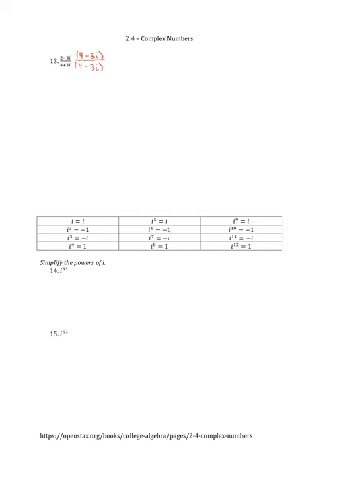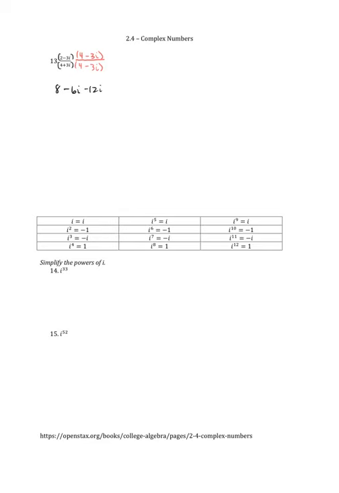All right, so if you need to write in parentheses to remind yourself you're going to distribute, you should do that. So we're going to distribute on the top and the bottom. So 2 times 4 is 8. 2 times negative 3i is negative 6i. Negative 3i times 4 is negative 12i.